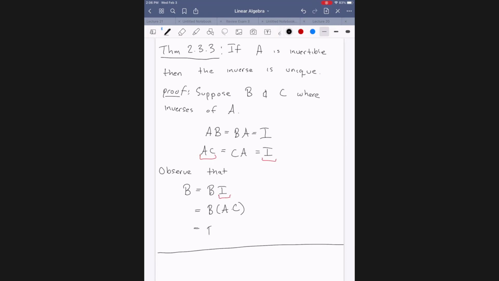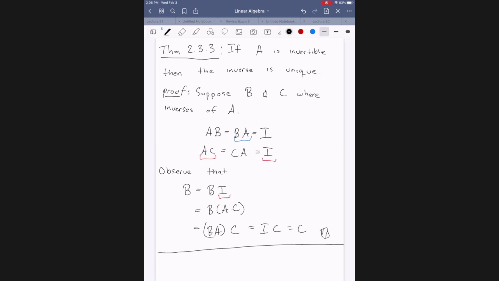So we can associate this times A times C. But what is B times A? Well, it's also I. So that's just going to be equal to I times C, which is equal to C. So the entire time B was equal to C, which contradicts our assumption that B and C were different. So that pretty much proves that.